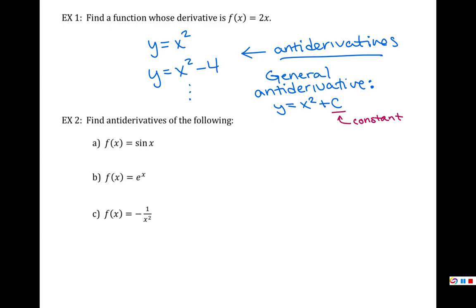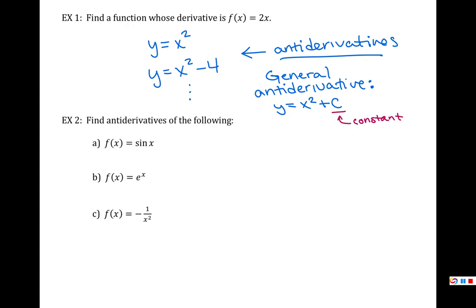So again, y equals x squared, y equals x squared minus 4, etc., are all antiderivatives. The general antiderivative would be y equals x squared plus c, where c can represent any constant. From now on, when we find antiderivatives, we're just going to always tack on that plus c.